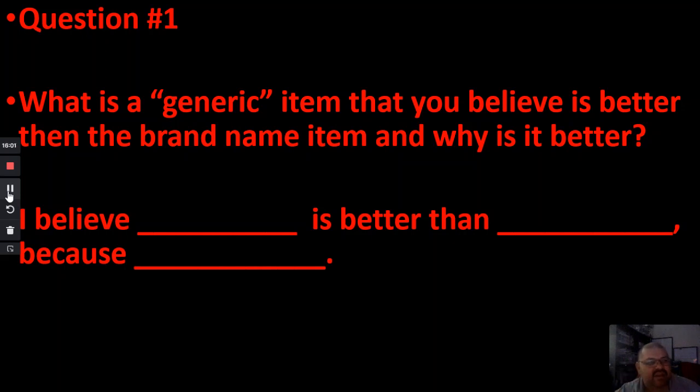Think about things you buy, things you have around the house, and this is the quote unquote cheaper thing, and it works just as well as this more expensive thing. I really want you to sit and think, what generic thing is better than the brand name? Once you've answered this question, you're done with this lesson.